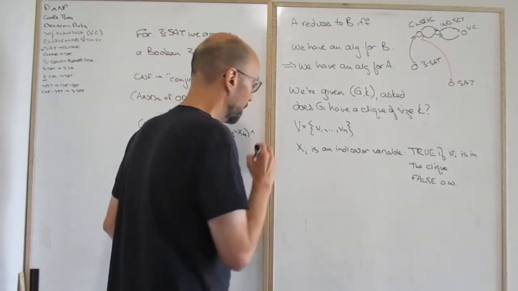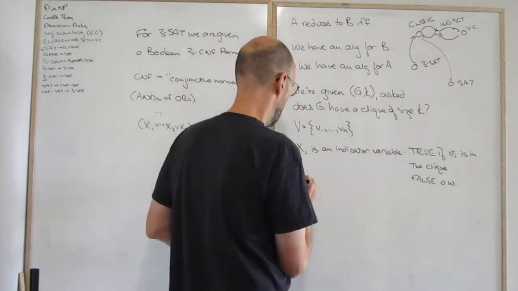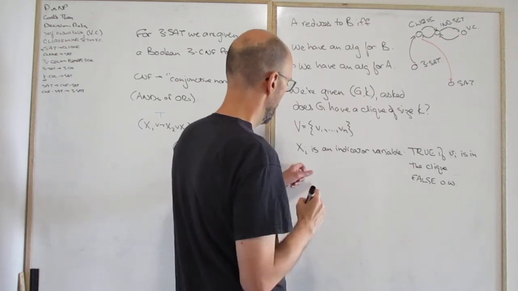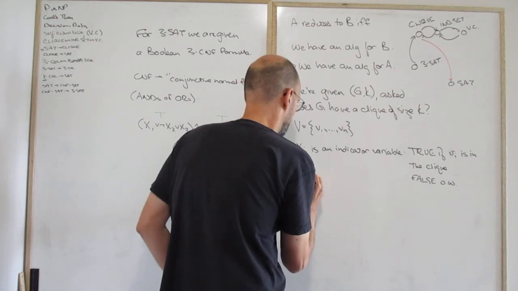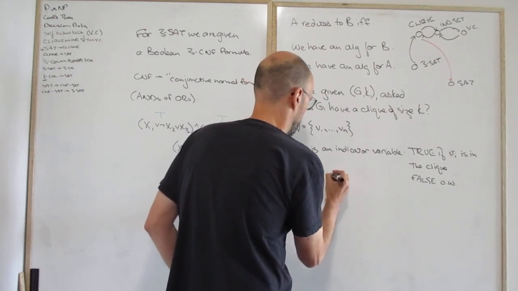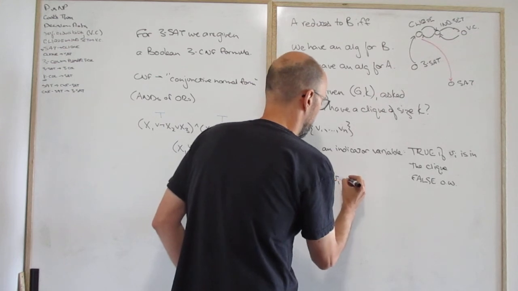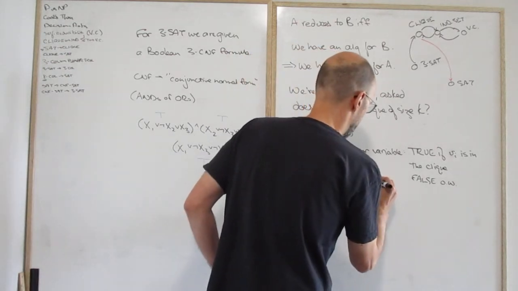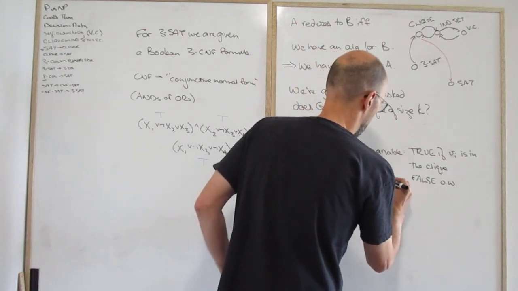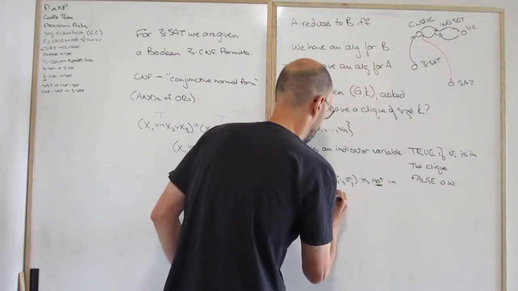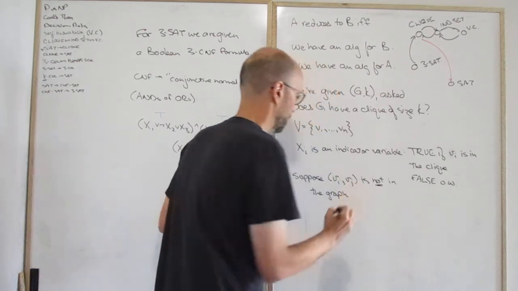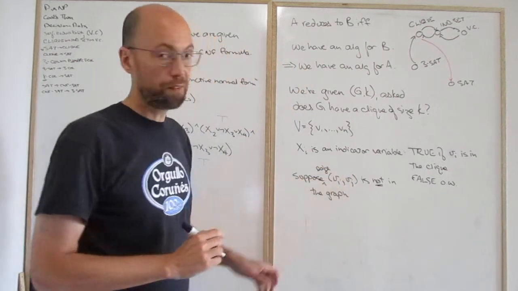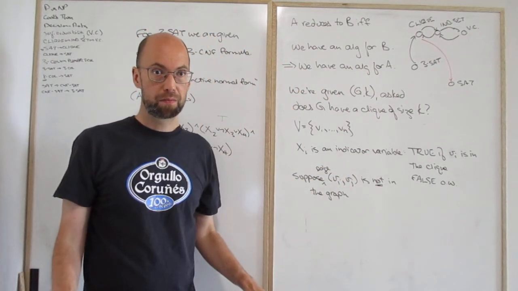Okay, so now suppose the edge v_i, v_j is not in the graph.